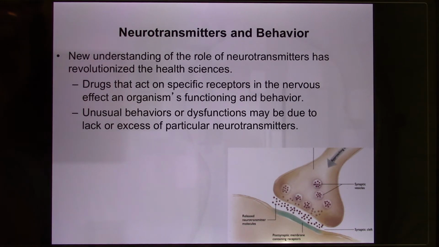Dopamine is the big neurotransmitter associated with your reward. Like when you eat ice cream, you feel very happy. That's because of dopamine. And when you have too much, it will activate your brain too much.